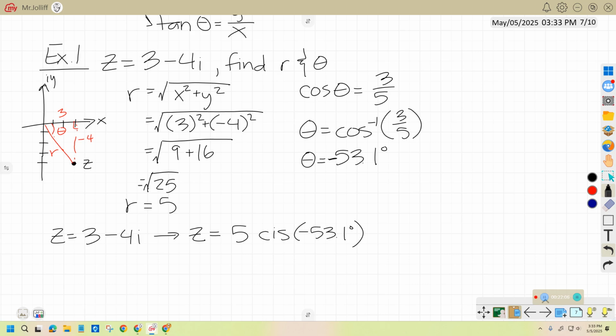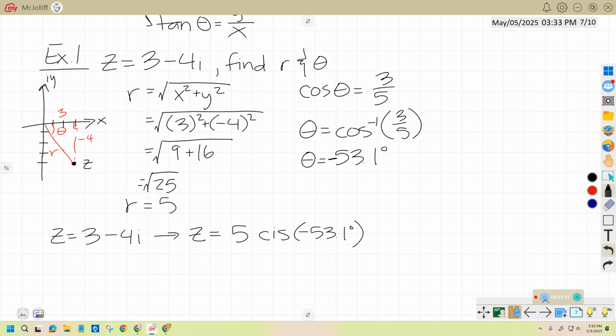Modulus argument. Yeah. The process should feel exactly like converting between x, y, r, theta with points in the regular real xy plane. Yeah? The process is the same. Just new terminology. R is being called modulus, theta is being called argument. The process is the same.